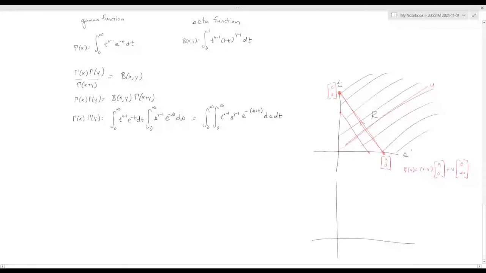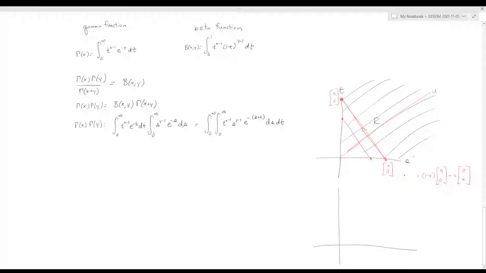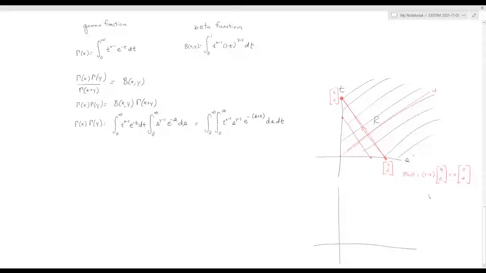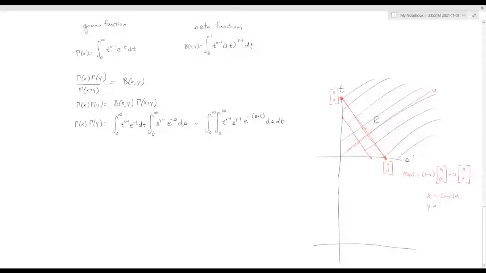So this is actually a parameterization of the surface in terms of u and v. So we see that s would be 1 minus v times u, t would be v times u. So here we have s and t directly as a function of u and v. So this is the change of variable we're going to attempt.